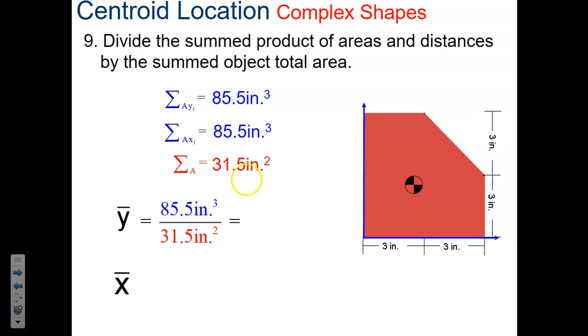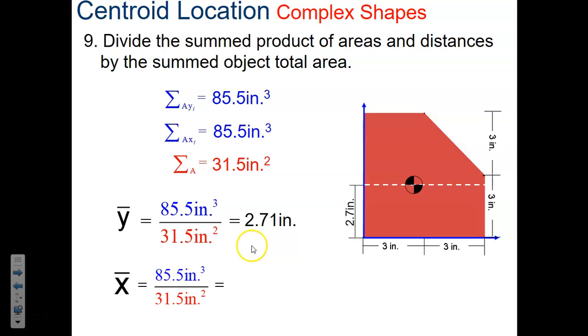The next thing you need to do is figure out the actual centroid. So here's my y bar. The y bar means the centroid in the y direction. So you take your sum of the AYI and divide it by the sum of A, and that's going to give you your centroid in the y direction.